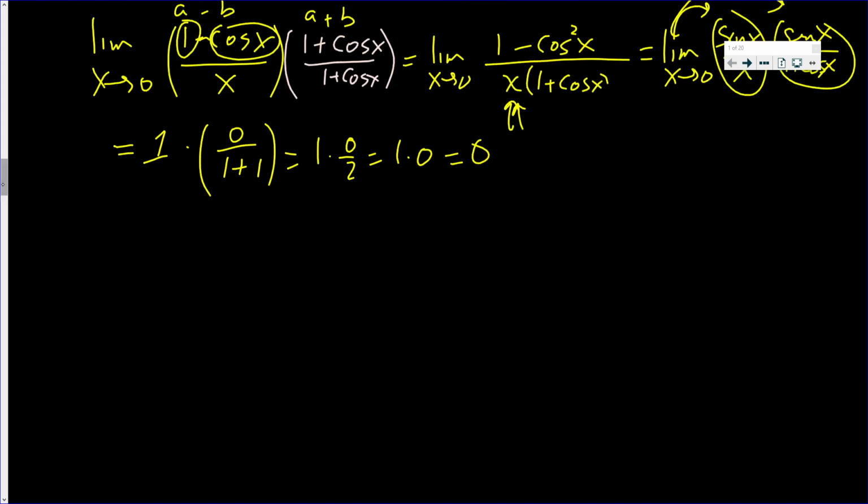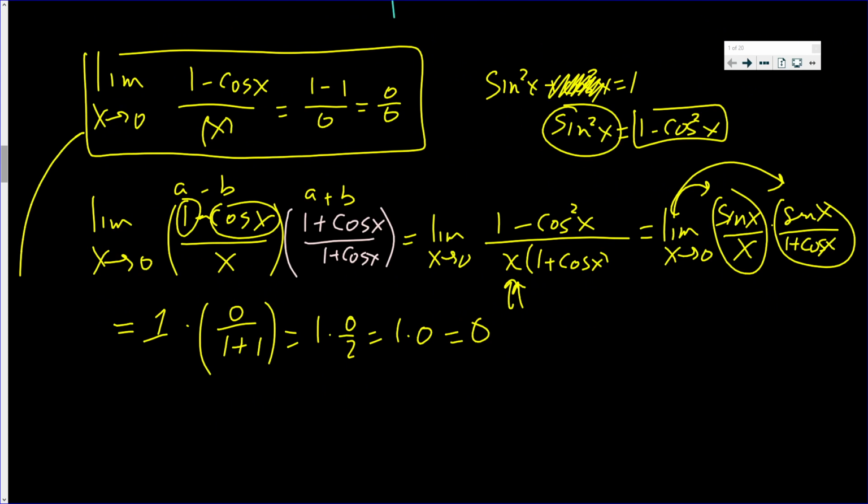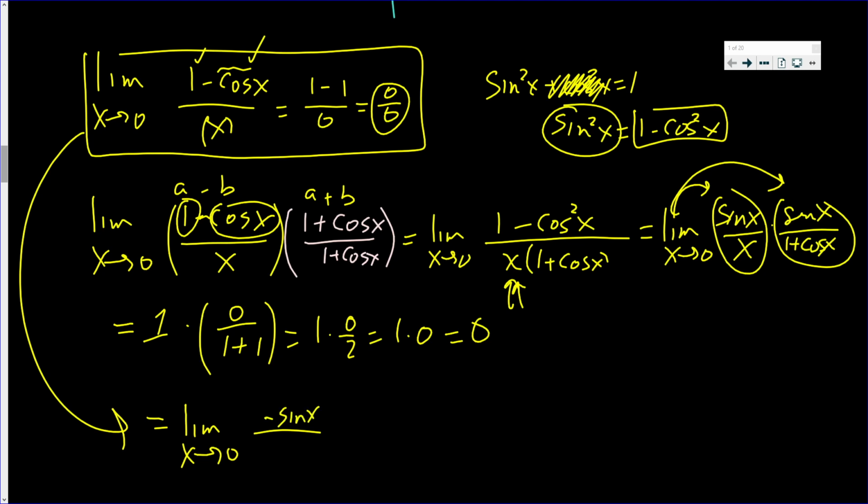One may say that was unnecessarily hard. Why don't we just, since we got 0 over 0, invoke L'Hôpital's rule? The derivative of 1 is 0. The derivative of negative cosine x is positive sine x.